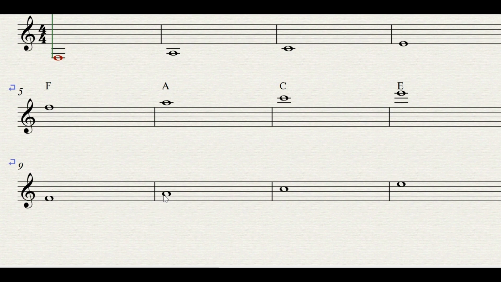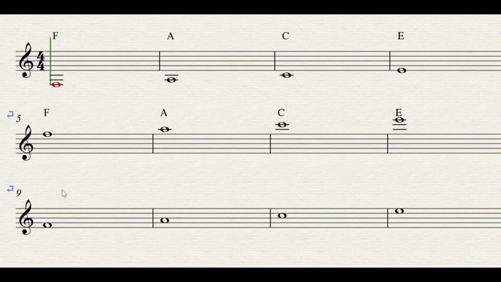F, A, C, E, but the ledger lines, the lines of the treble stave will give you FACE. F, A, C, E. So on the stave, you get that F, A, C, E.